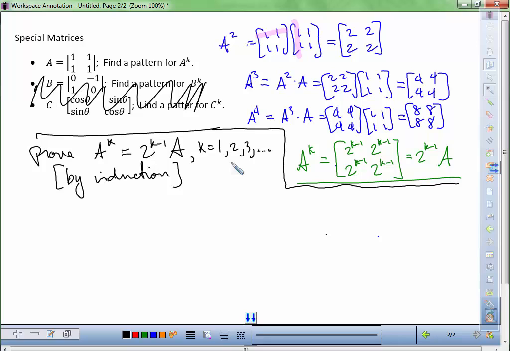Zero is not positive or negative, so 0 doesn't count. Anyways, we're going to try to prove this by induction.